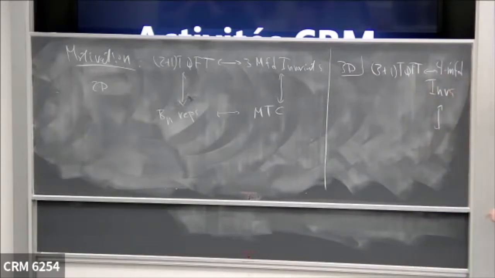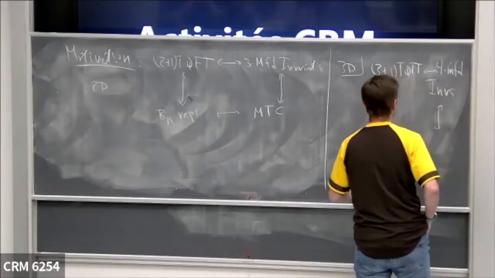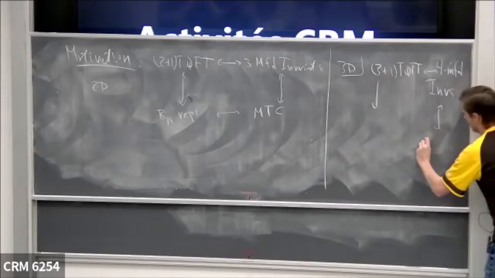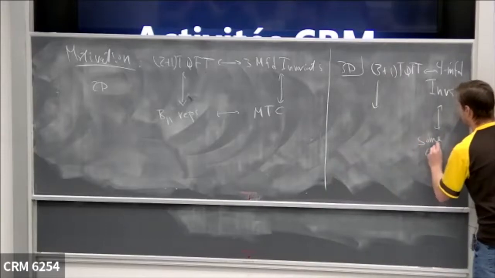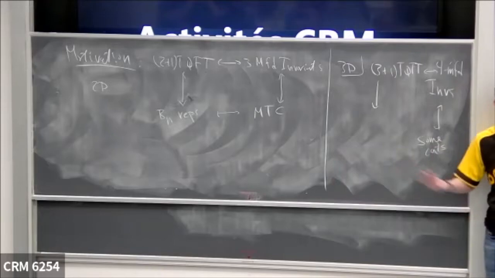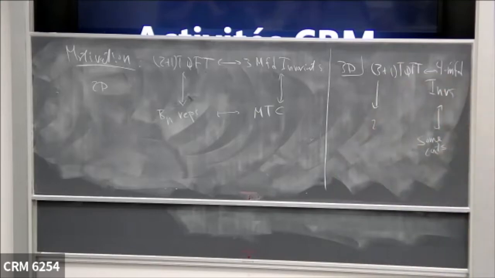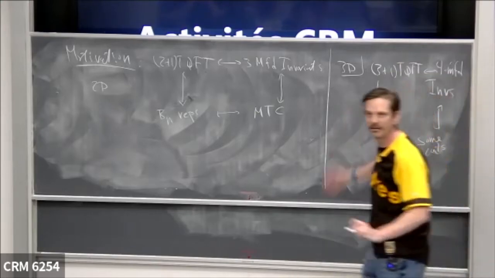There's something here. Maybe it's a little harder to express. What goes here is I'll just put some categories, maybe spherical 2-categories or something along these lines. But then you might wonder, well, what goes here? What's the sort of analog?